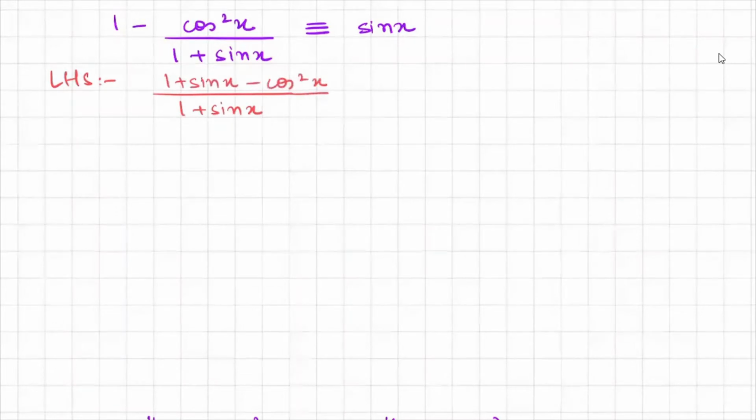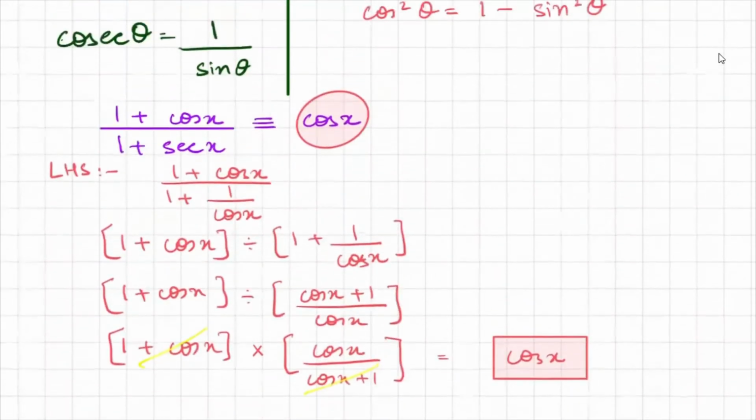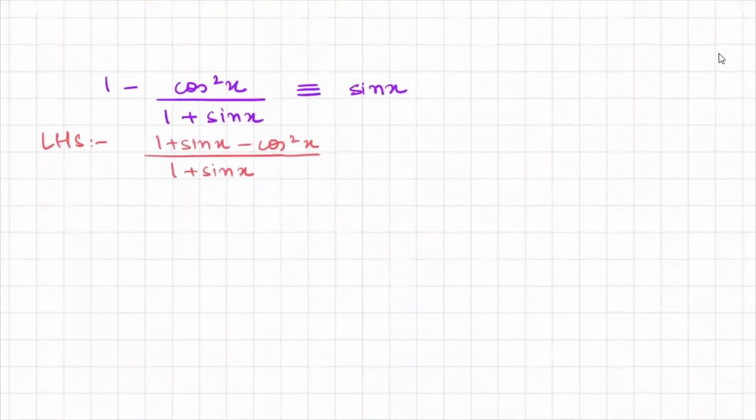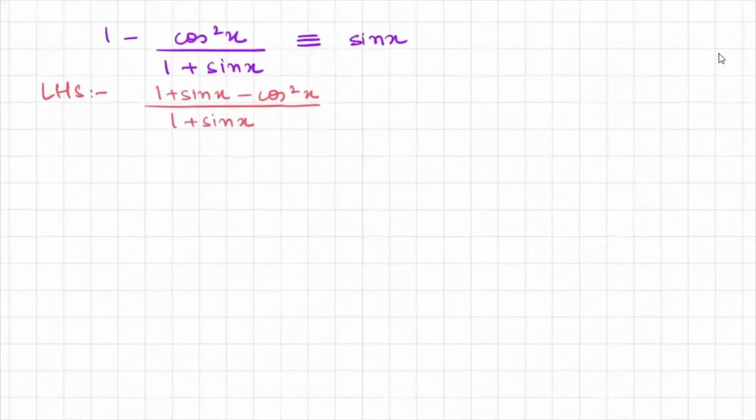All right, how about we get rid of this cos x? Because the question is asking me just for sine x. So I'm going to replace cos square x with this 1 minus sine square x. Okay, so let's replace it. This would become 1 plus sine x minus, bracket open.